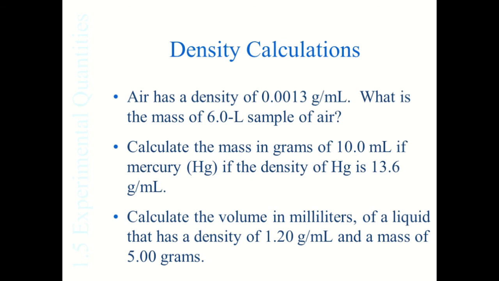I am given the volume. Now in this case, they gave me the volume in liters, which for a gas is okay, because gases are so tremendously spread out that putting it in a liter volume is not necessarily that bad. Okay? So how would I calculate the mass of the air in a 6-liter volume?